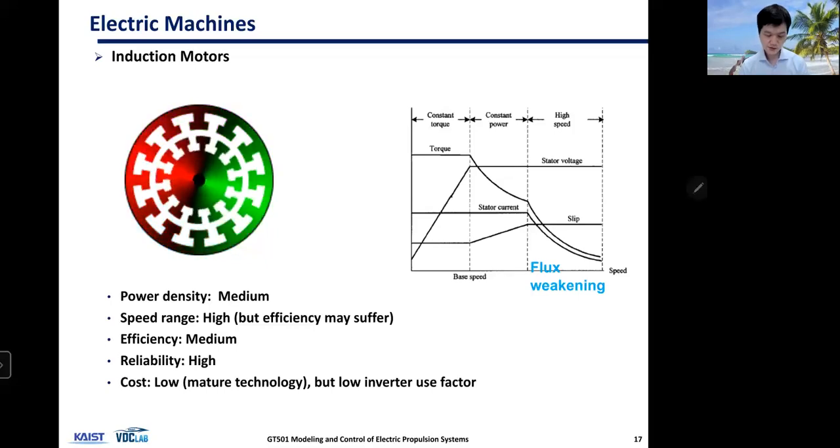So, for induction motors, you have field windings at the stator, and for rotor, if you use squirrel cage, you do not have windings, but you just need a cage looking rotor. It's called induction motor because you're inducing magnetic field within the squirrel cage, which is the rotor. Okay, so it's very simple design and mechanism. So that's why it's cheap, but the power density and efficiency is not great, but it's cheap and reliable.